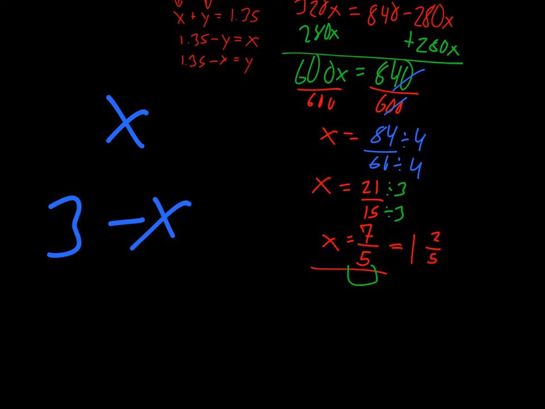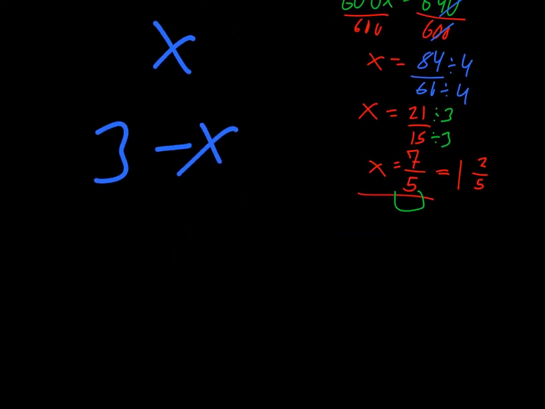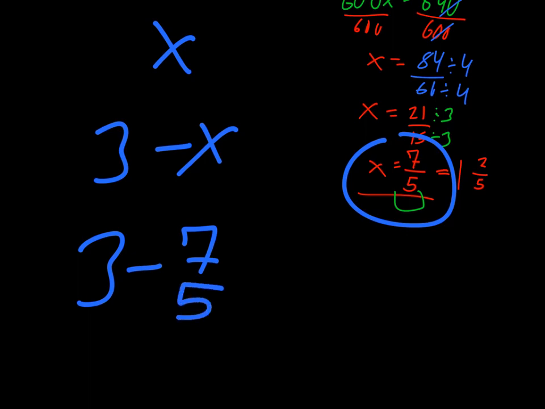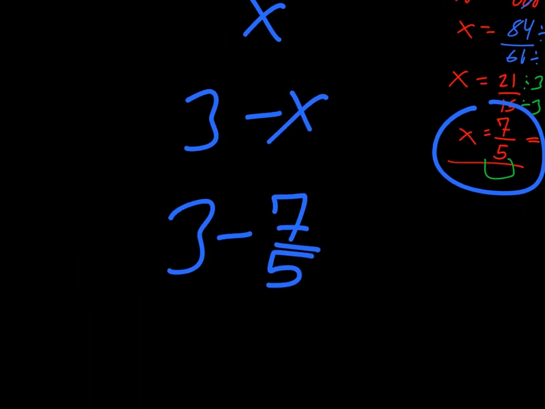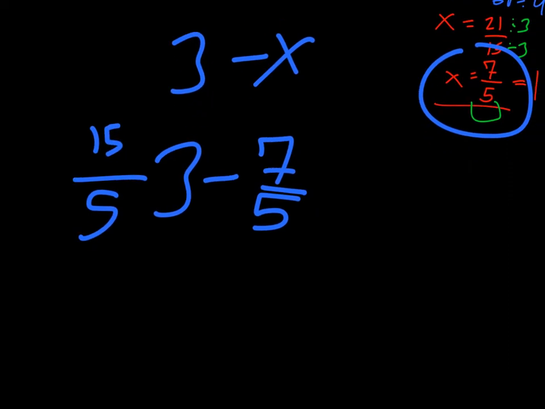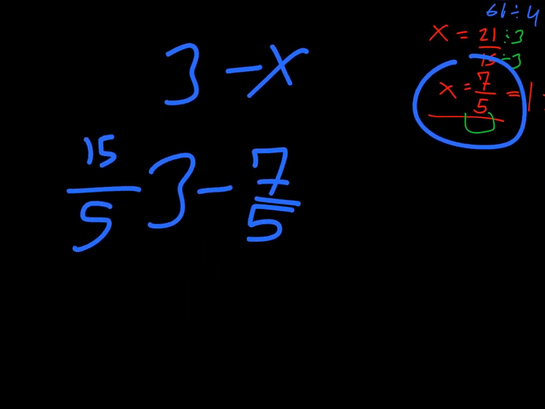So now 3 minus x, x being this right here, 3 minus 7 over 5. We need the denominator of 5, so put a 5 there. 5 times 3 gives us 15. 15 over 5 minus 7 over 5 gives us 8 over 5.